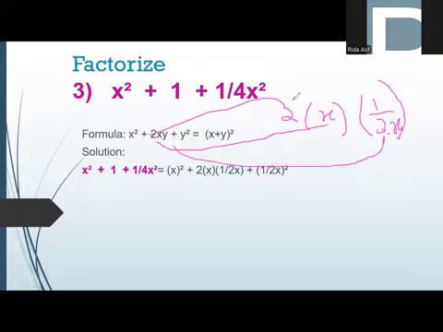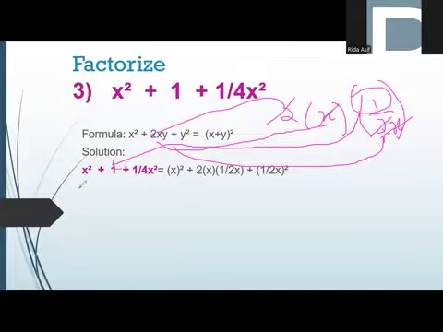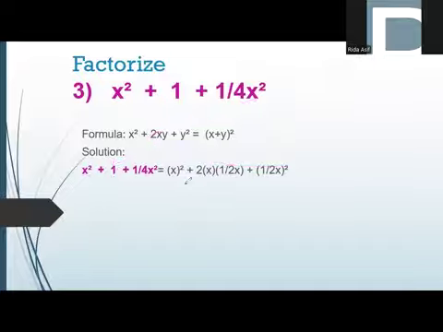Students, 2 and 1 upon 2, 2 ones are 2, cancel; x and 1 upon x, x ones are x, cancel. What is left? 1 is left. And that is required over here. We can simply say that x square plus 1 plus 1 upon 4x square is equal to this. By simple cancellation, what we get is 1, right?